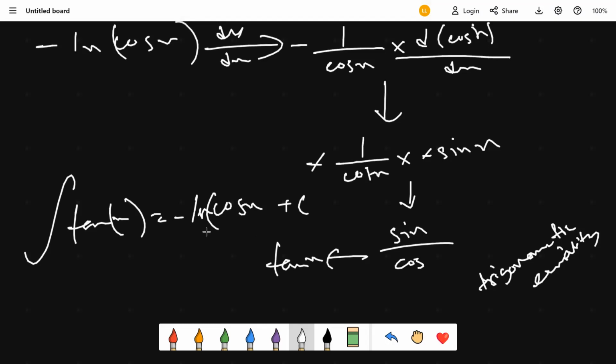One thing to remember, inside ln, only positive values can be placed. That means this cos x must be a positive value. So in mathematics, we represent all possible positive values with a modulus sign. What is a modulus sign? Let's say we have x here, and x can be any number, like -5, 0, 5, from negative to positive, any value. But we want to restrict this value only to positive values.